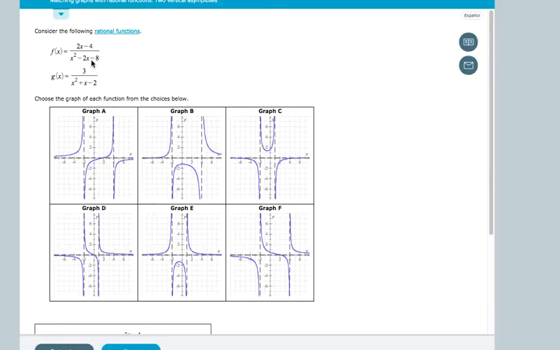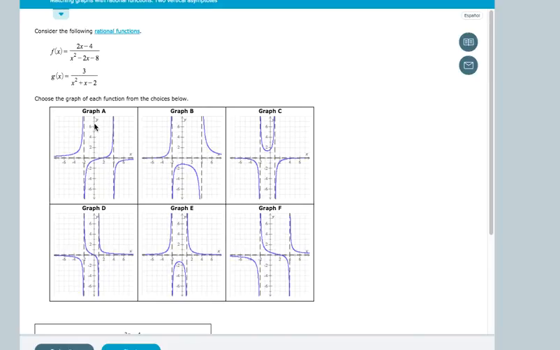So that is going to give us asymptotes of negative 2 and 4, just like graph A has, graph B has, and graph F has. So negative 2 and 4 is going to be A, B, or F. Now let's look at the horizontal asymptote. It looks like they all have a horizontal asymptote at 0, that's what we have too, because the degree of the numerator is less than the degree of the denominator.